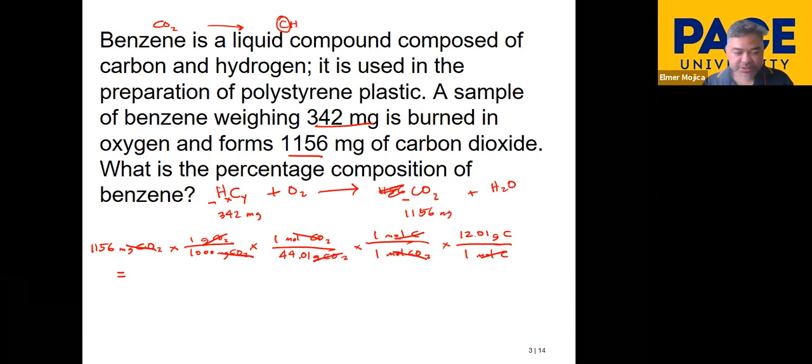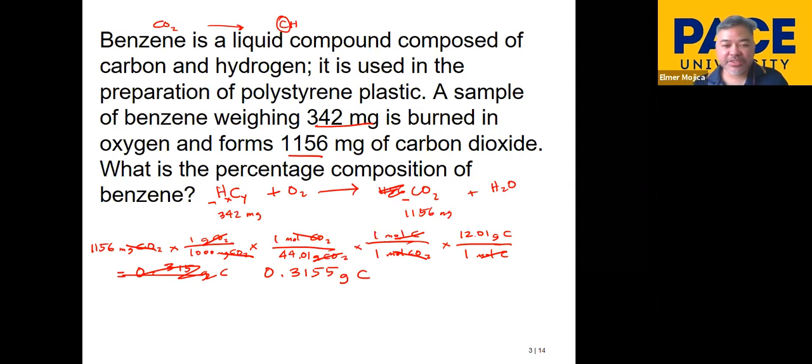So 1156 divided by 1000 divided by 44.01 times 12.01. So I have here around 0.3155 grams of carbon.